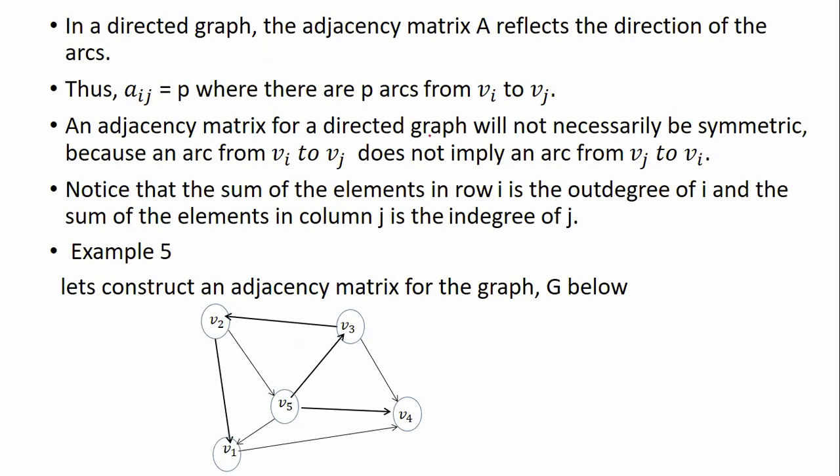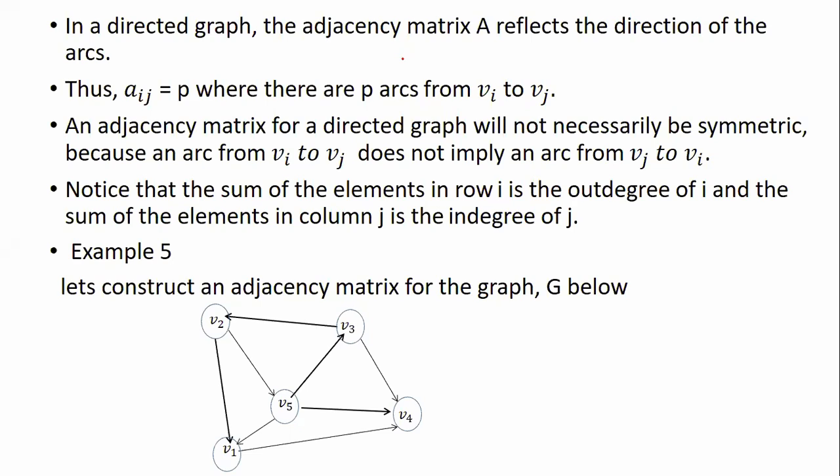Okay, if no question, let's move on to the digraph. The digraph, example number 5. The same principles apply when we're dealing with in degree and out degree. So let's check example 5 and see.